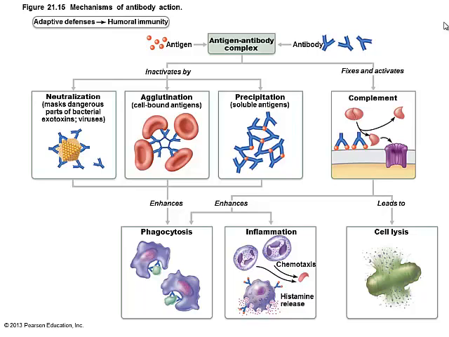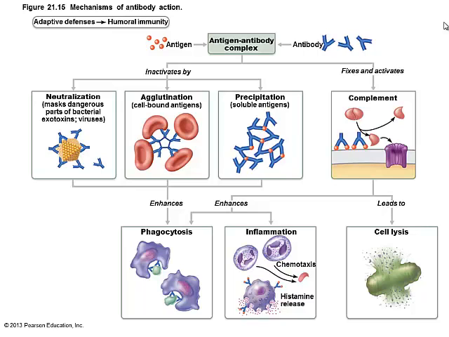And these different classes are produced at different times and secreted at different times in different amounts in different places. But basically what an antibody does can be seen in this diagram here on page 782, figure 21.15. And this is their mechanism of action. This is how they work.